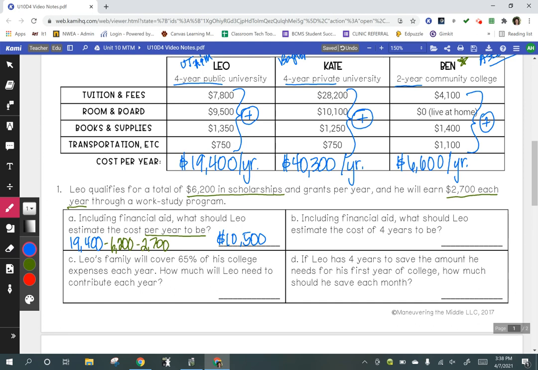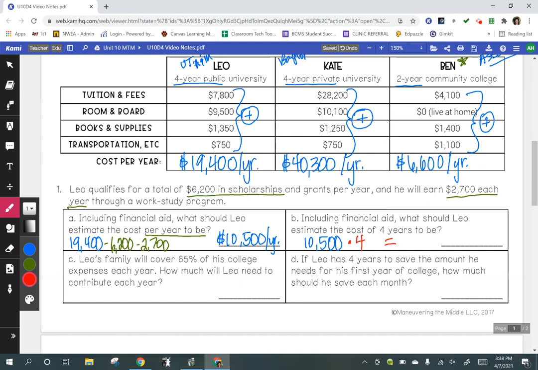All right. Now remember, this is still per year. Including financial aid, what should Leo estimate the cost of 4 years to be? So now we're not paying this $19,000 anymore. Now we're paying $10,500 per year. So I know I'm paying $10,500 per year, and I know I'm paying for that over 4 years.